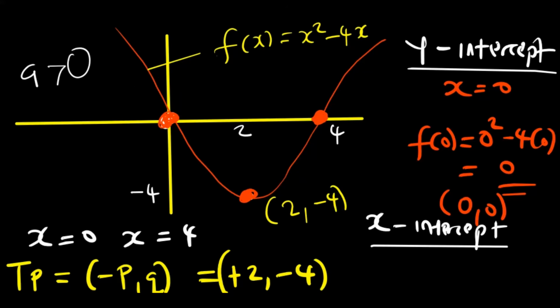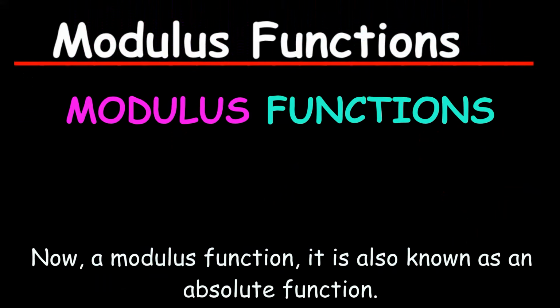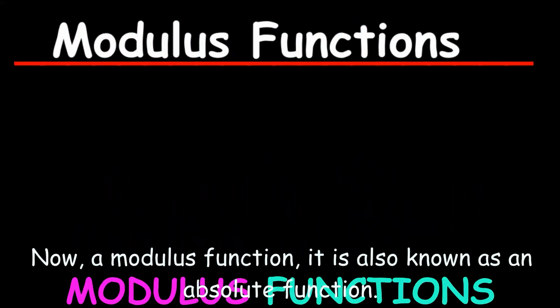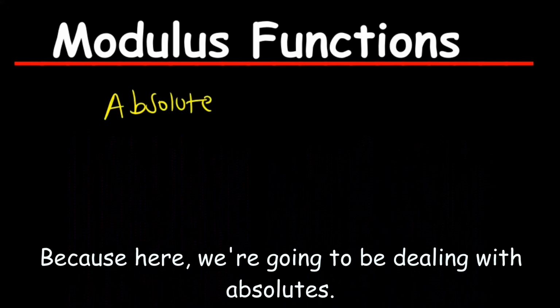Very important. Now that we've talked about completing the squares, how do you solve modulus functions? Now, a modulus function is also known as an absolute function, because here we're going to be dealing with absolutes.